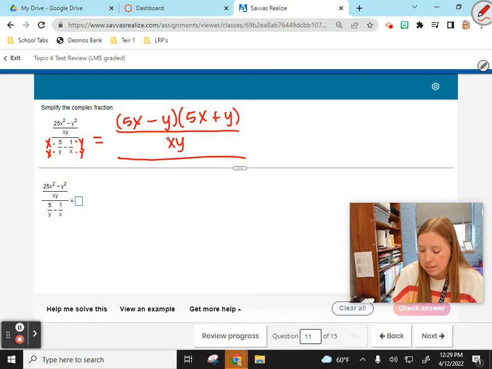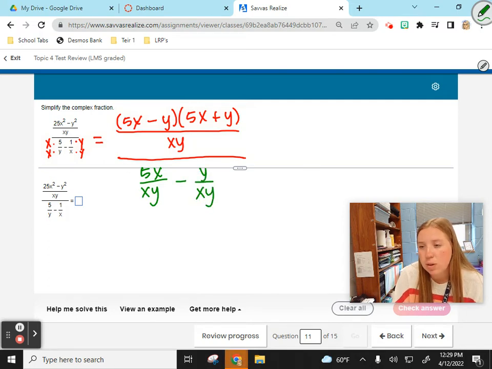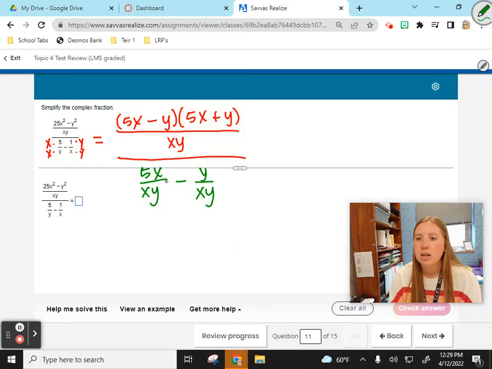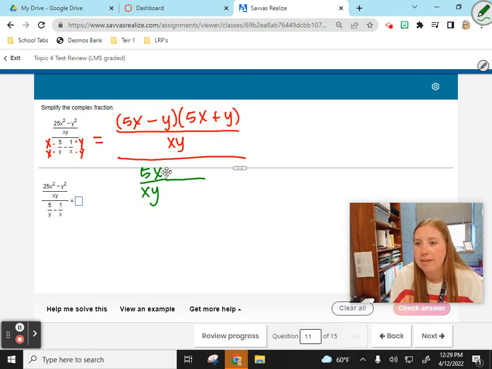That whole thing is being divided by 5x over xy minus y over xy. We could subtract these 2, which means it's just going to turn into 5x minus y over xy.